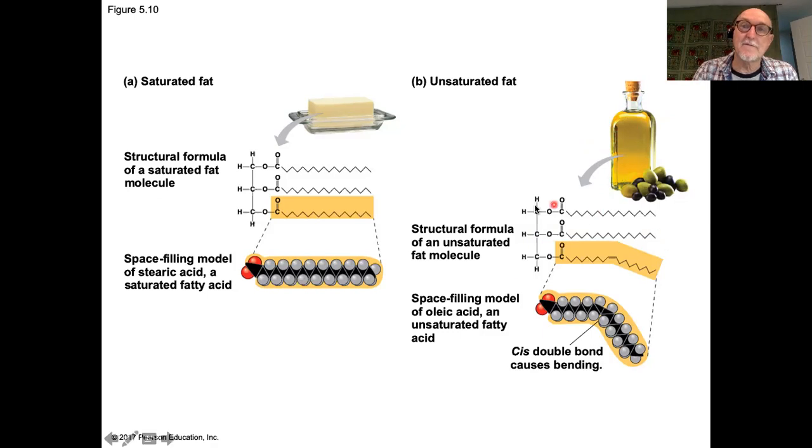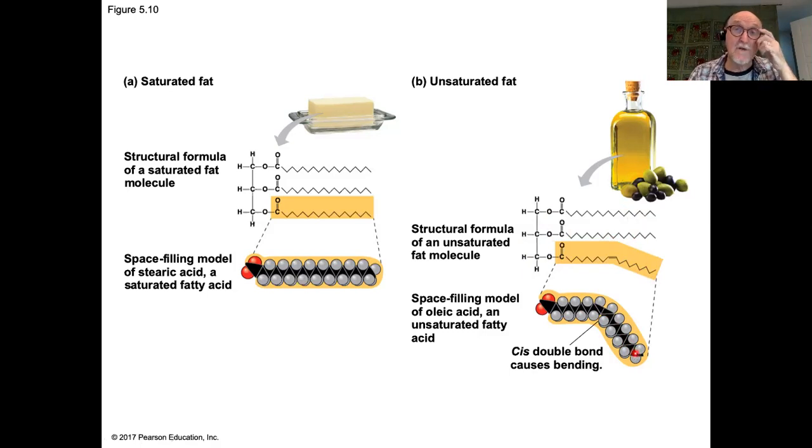Here is the structure of fats from olive oil. And you can see here's the glycerol molecule again. Here are some fatty acid chains, but this one here is unsaturated. Look, it's got a double bond in it, and it causes the molecule to be bent in 3-dimensional space.